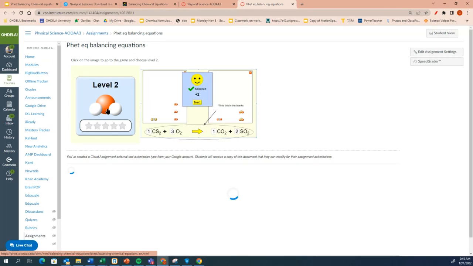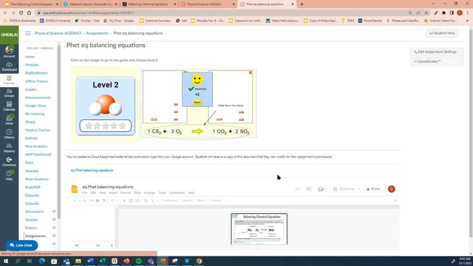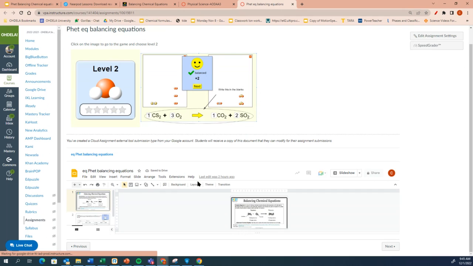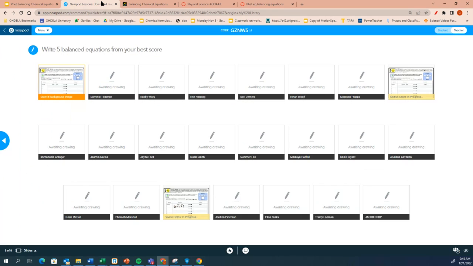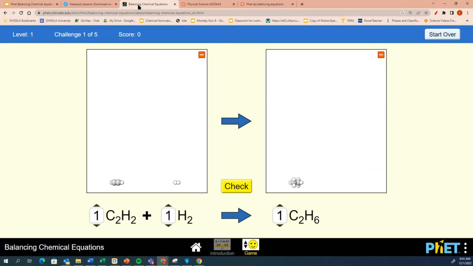It's game level 2, and this is 20 points, so this is a lot of points. You're balancing these equations for game level 2 and writing down the equations there. You're doing the same thing in the Nearpod, but you're doing game level 2. This is game level 1.